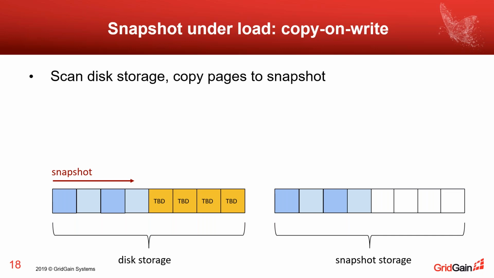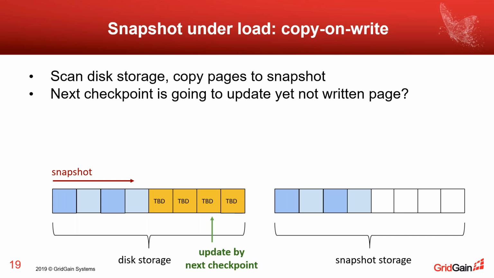But there is a problem because there are conflicting updates. When you say snapshot, you mean a snapshot of the system for a certain point in time. But next checkpoints, if you change your data, will happen, and they're going to change the pages in your disk storage. So basic scanning doesn't work here because some of the pages written during the scan will represent the snapshot point in time, and some will represent the next point in time, which was updated by the next checkpoint.